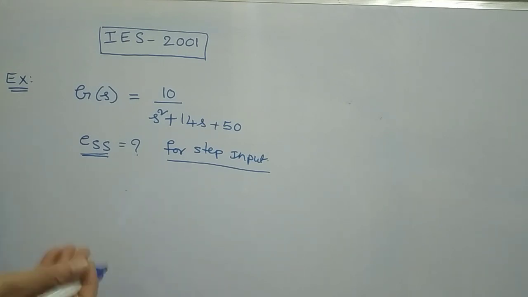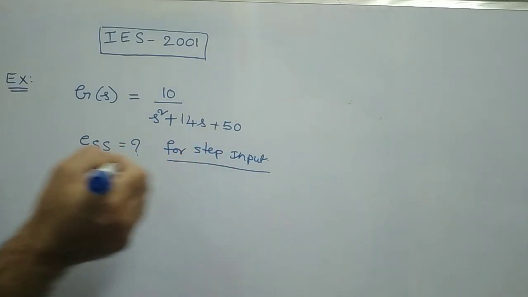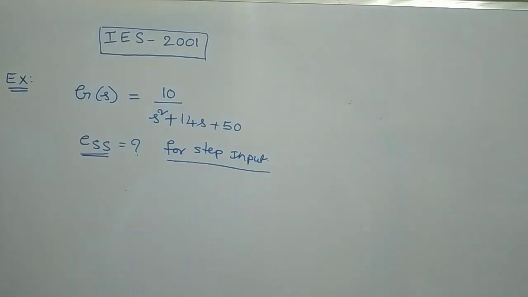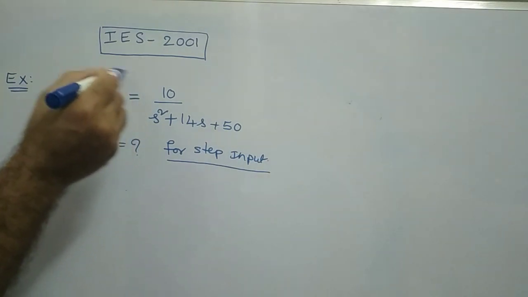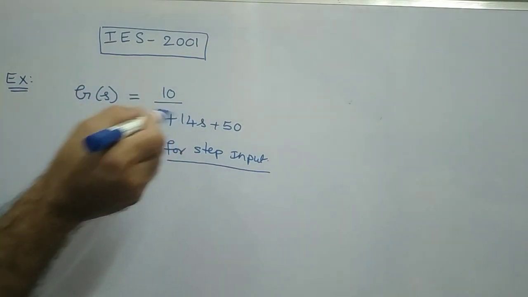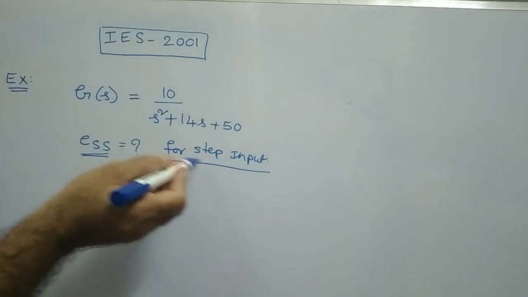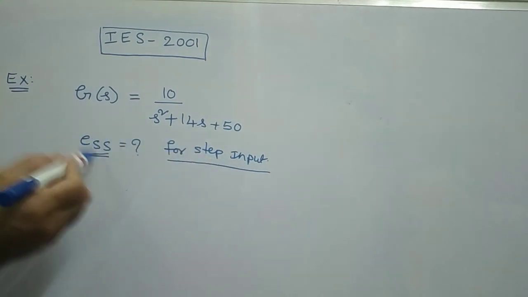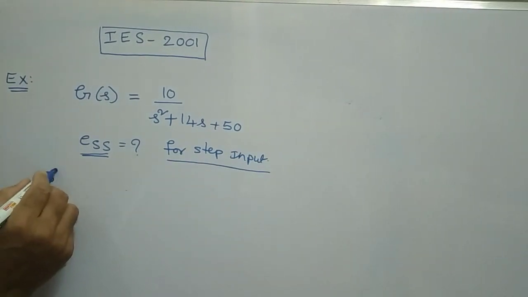That input must be defined in the problem. Therefore, here the open loop transfer function is given and the step input is applied. For the step input, what is the steady state error? That is the question.